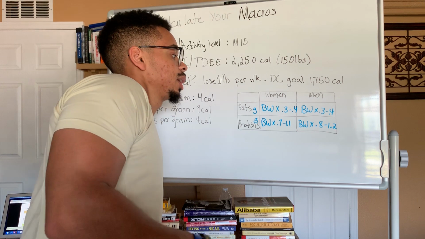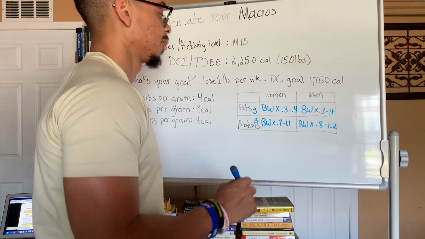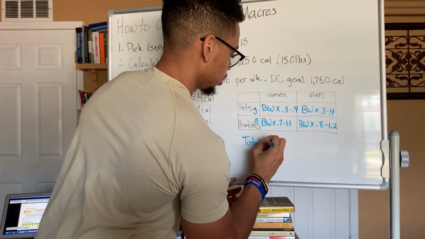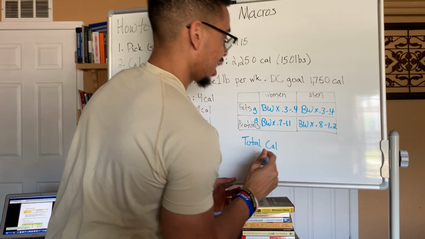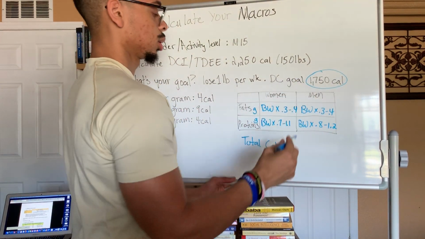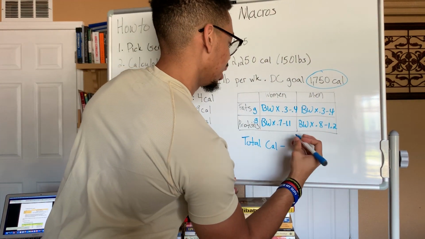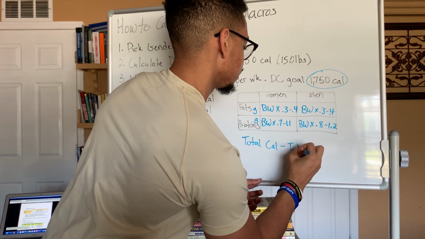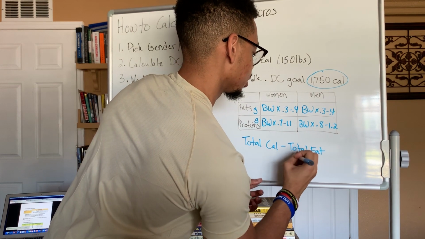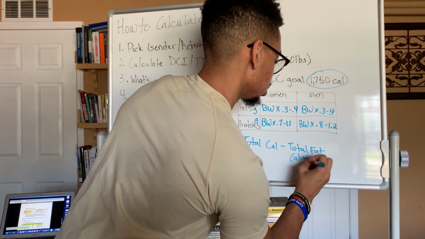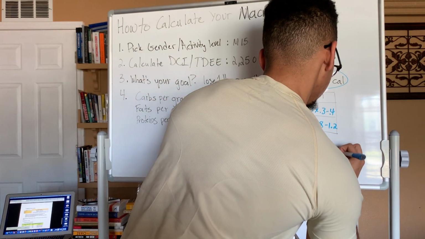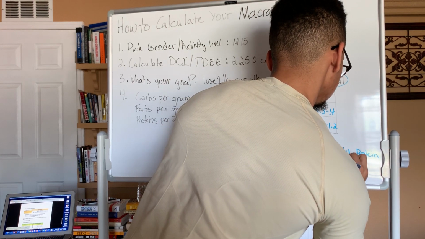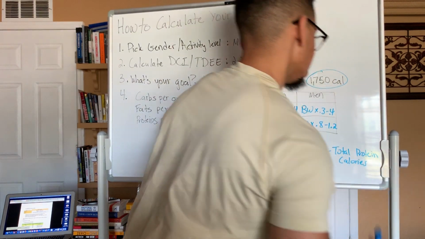So in order to calculate your carbs, you would actually need the total calorie number, which is this, and you would need to subtract from it the total fat calories, and subtract the total protein calories.